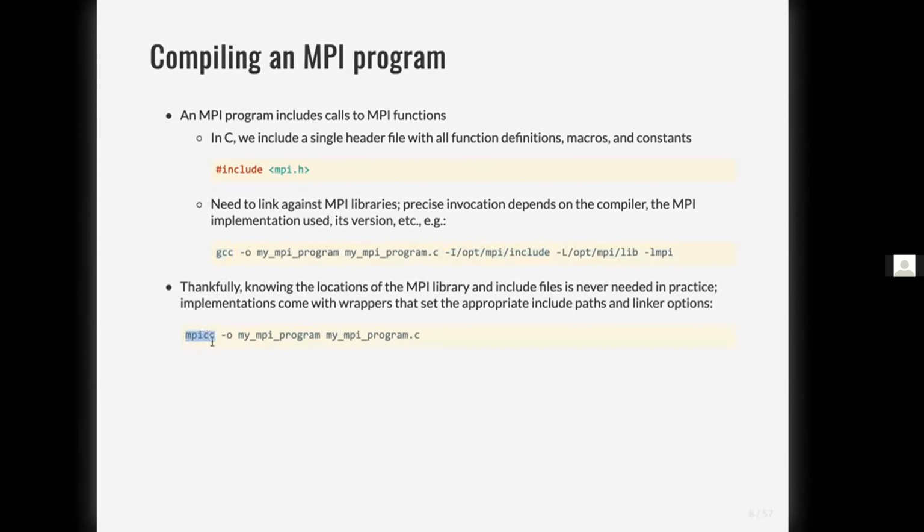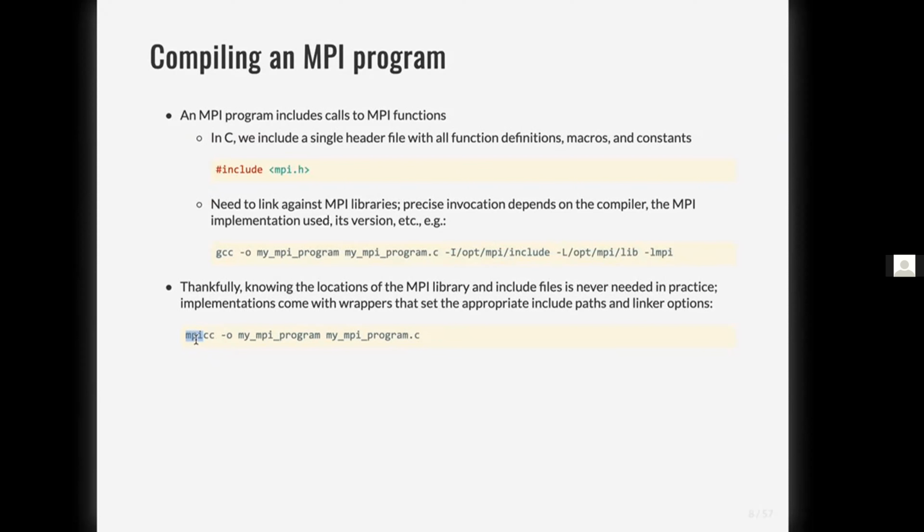MPI-ICC includes all the necessary command line arguments you need to pass to your compiler, so that you can just run it as if it's another compiler. Okay. And these also exist for Fortran and for C++ in a common MPI installation.